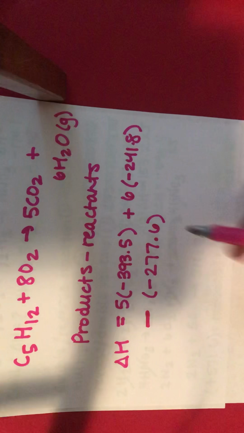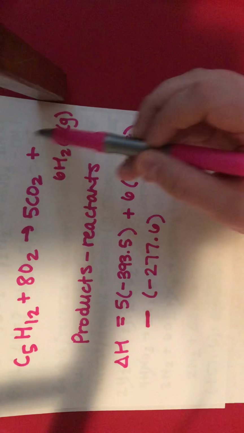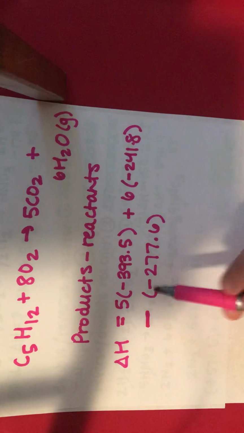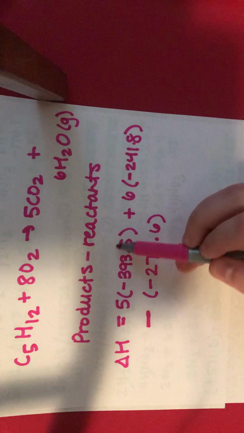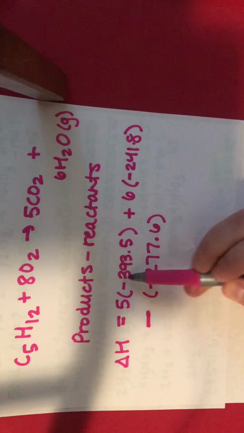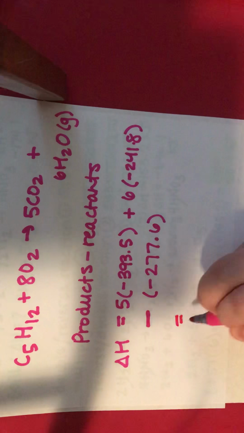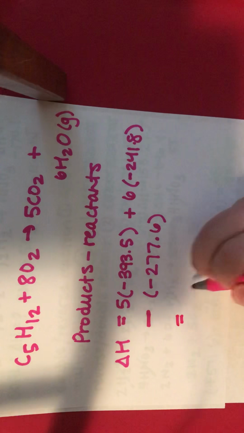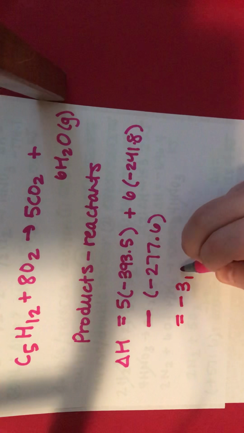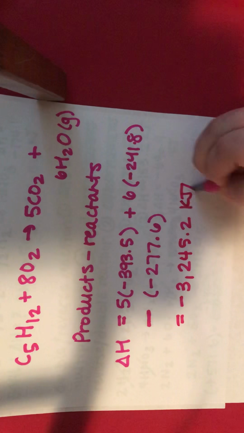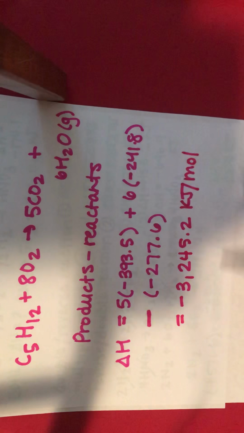So we did our products minus our reactants, and you have to make sure this is the delta H for 1 mole. So if it has a coefficient of 5, then you would do 5 times that delta H. Coefficient of 6, 6 times that delta H. And then we get a delta H of negative 3,245.2 kilojoules per mole for that one.